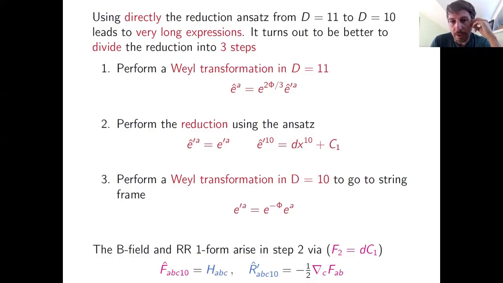And similarly, the Riemann tensor in 11 dimensions, for the Weyl rescaled one, which is what the prime denotes, if one index is in the 10th direction, that gives you the derivative of the field strength of the one-form Riemann field in 10 dimensions. So that's how these two fields appear in the reduction.